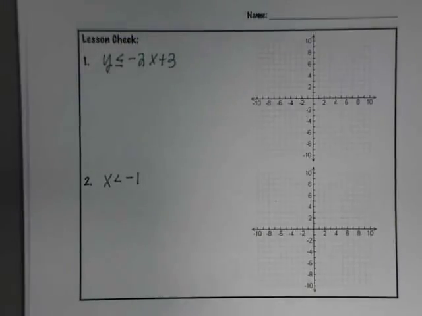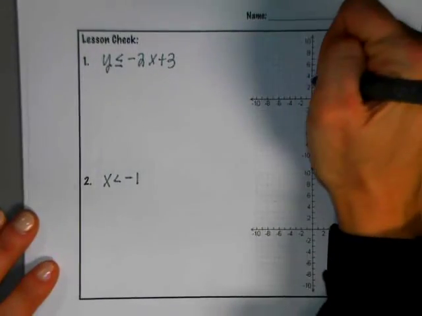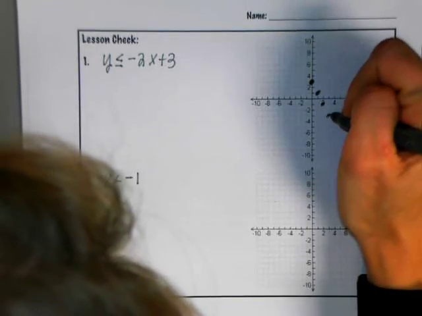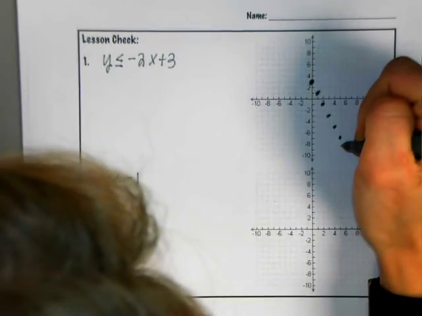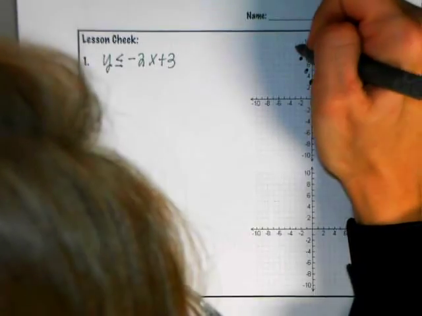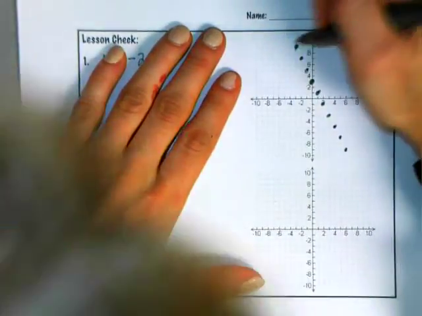All right. So for this one, you should have started at 3, and then down 2 over 1. And then you should have a solid line.